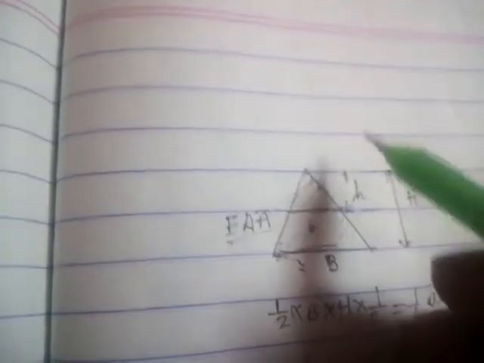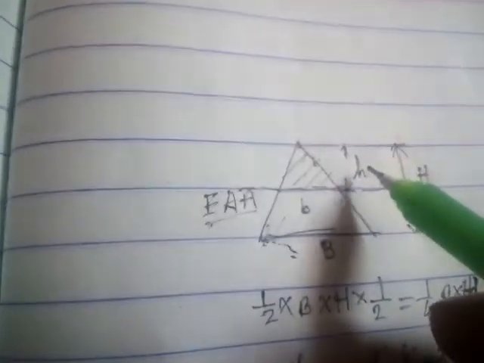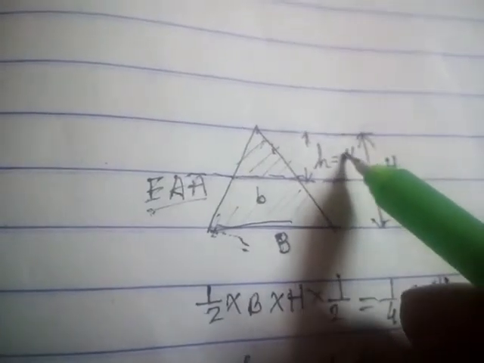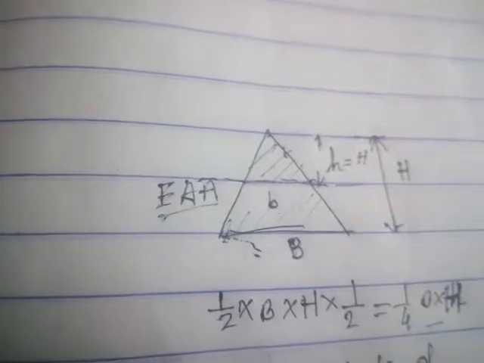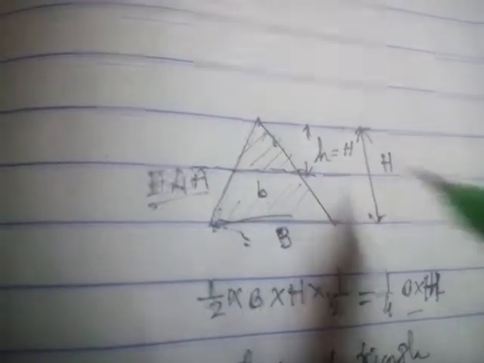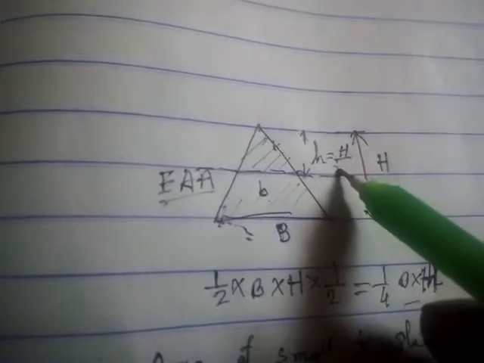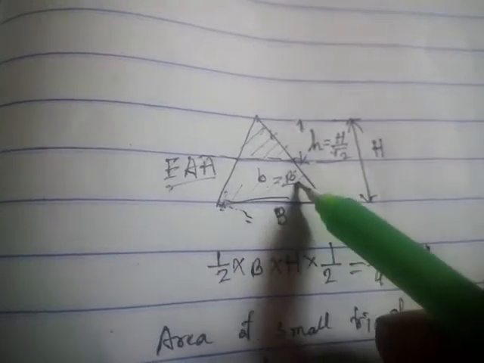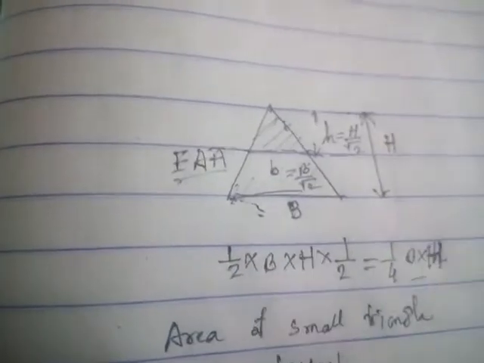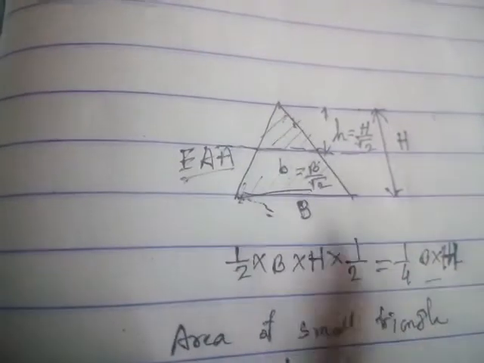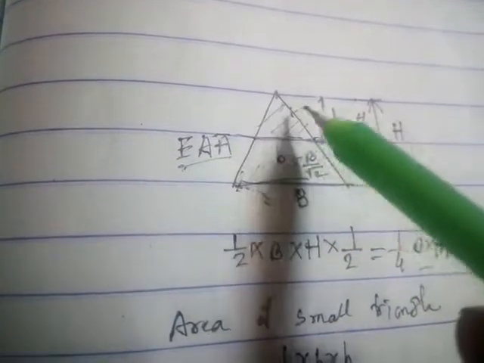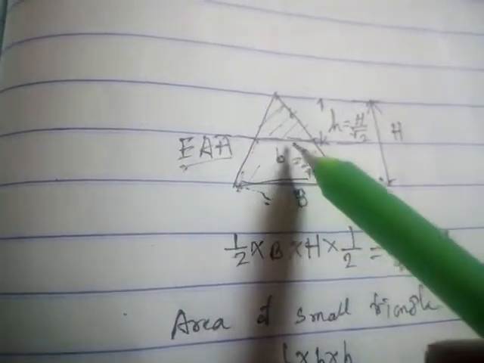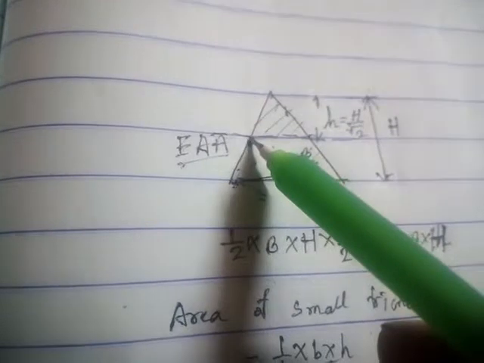So now from here we can write h equals capital H by root 2 and b equals capital B by root 2, okay.